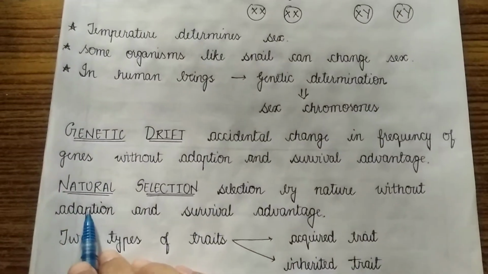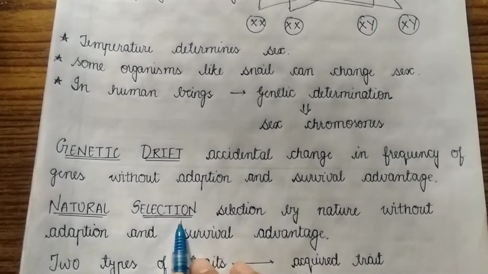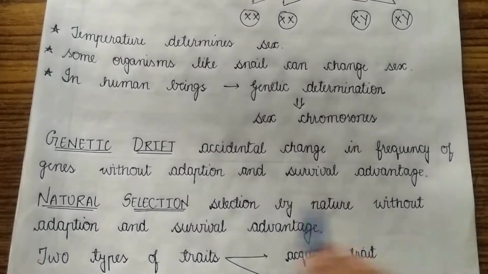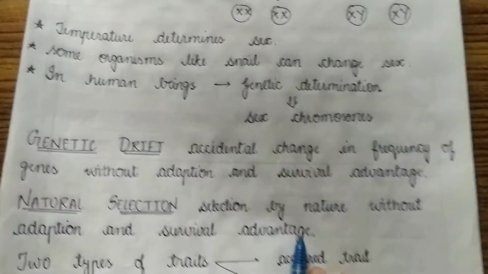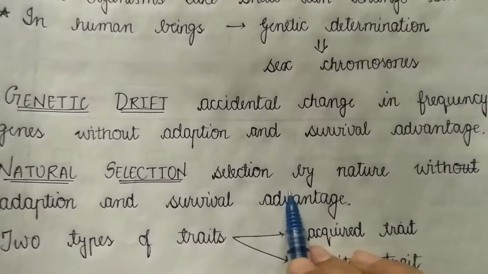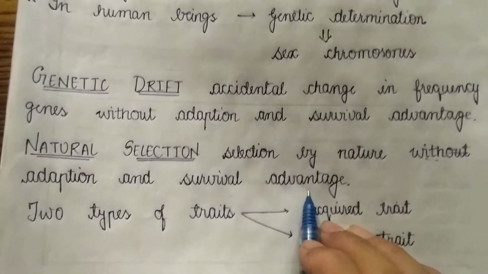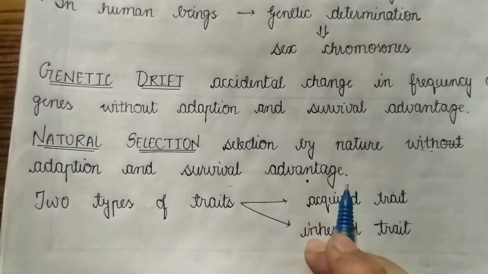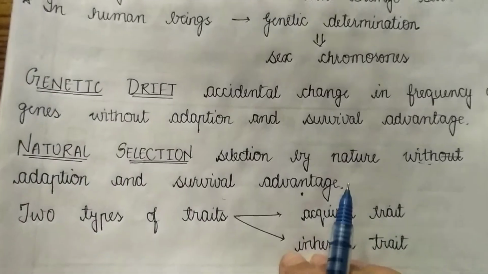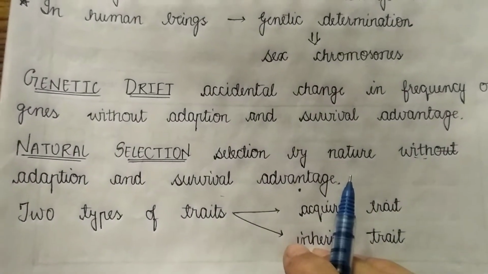Next is natural selection. Natural selection means selection by nature with adaptation and survival advantage. In our book, an example is given of some beetles on the plant leaves, and they are of two colors, that is green and red.